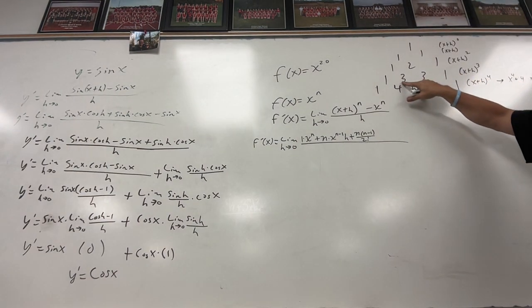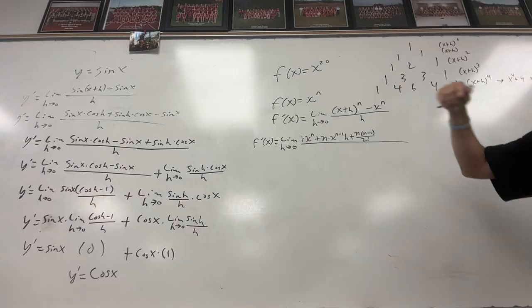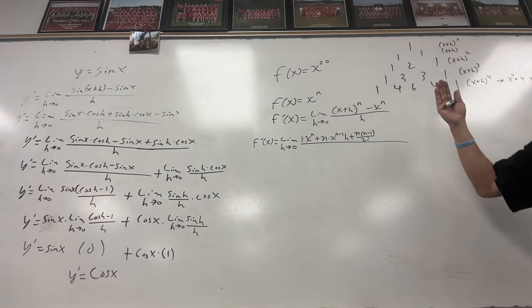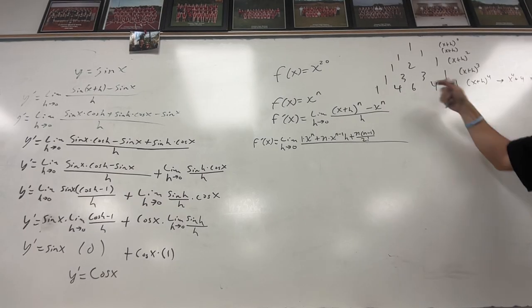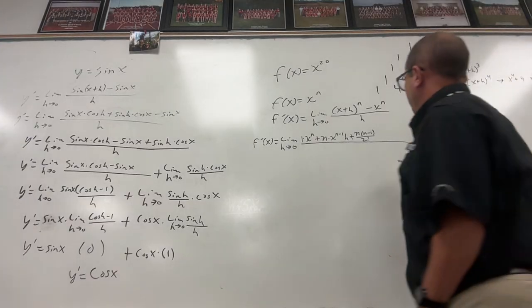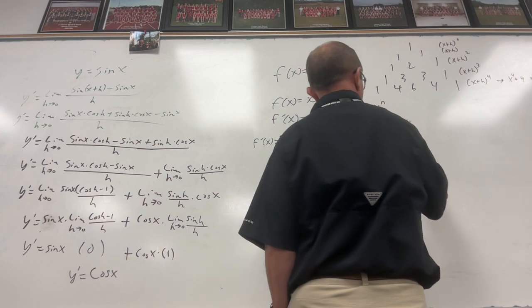Your n was 3, so it's 3 times, what's n minus 1? 2. So I've got 3 times 2, and then divided by 2 factorial, which is also the same thing as 2, would be 3, right? Or let's try it with this one. What's 4 times 3? 12. And what's 12 divided by 2? 6. All right, so this becomes x to the n minus 2 times h squared.